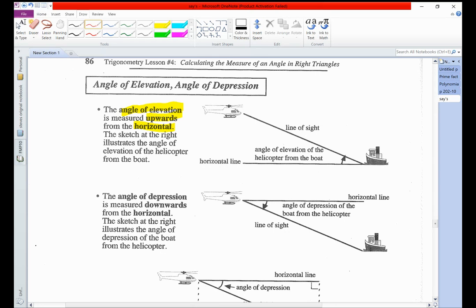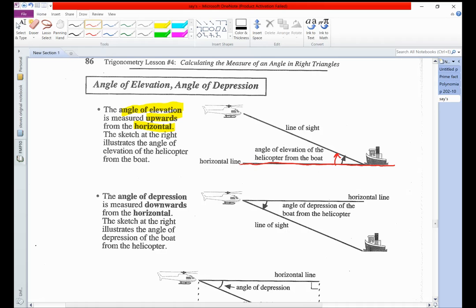The angle of elevation of the helicopter from the boat is from the boat's horizontal line, because it's the angle of elevation. The angle of elevation of the helicopter from the boat. So we're starting boat level, and we are elevating.